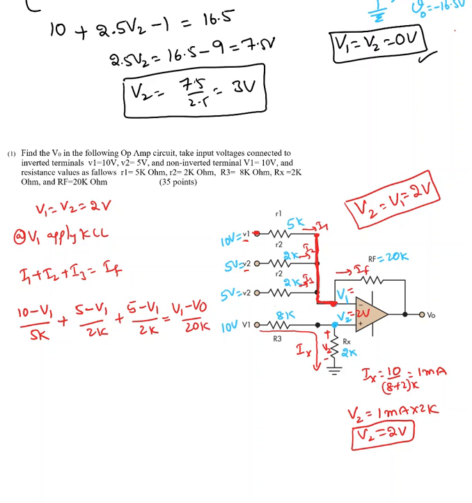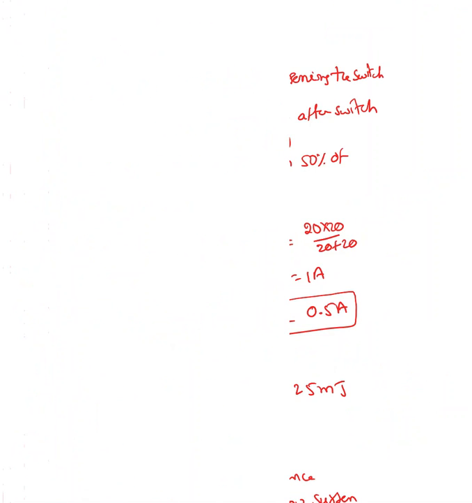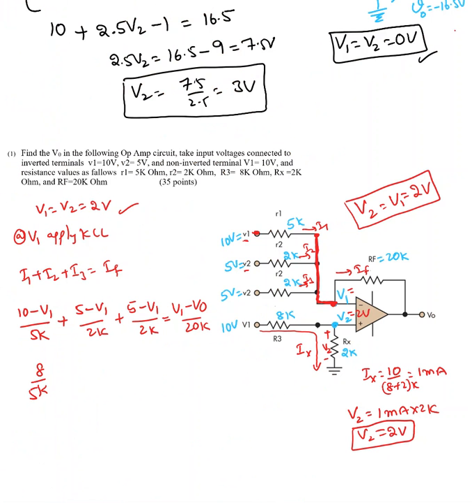Okay, I'm going to substitute V1 equal to 2 in this equation. So if I substitute 2 here, 10 minus 2, which is 8 over 5k plus 3 over 2k, plus 5 minus 2, 3 over 2k, equal to 2 minus V0 over 20k.